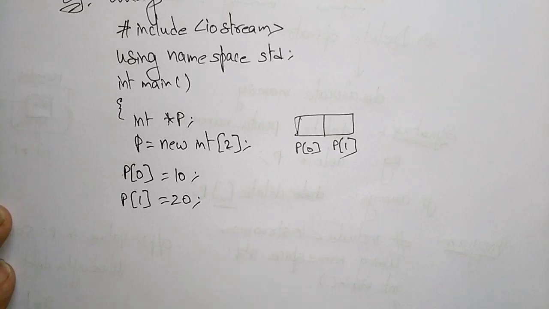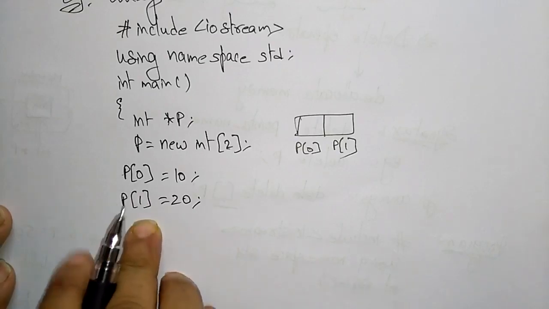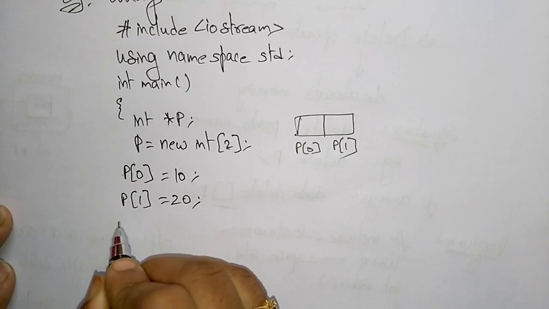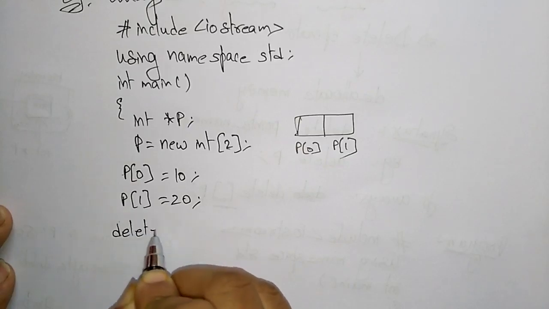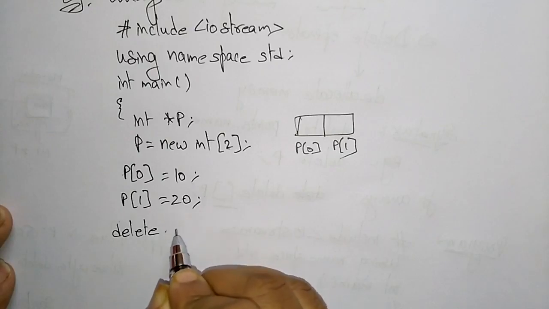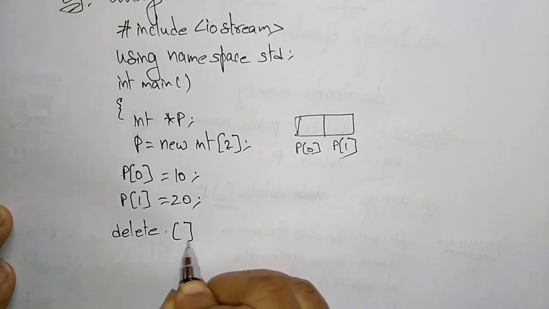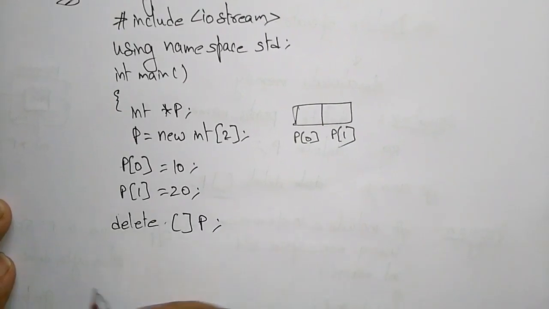After that, before printing the values, suppose I use the delete operator on the array pointer.